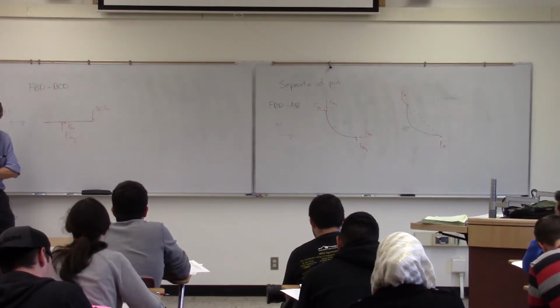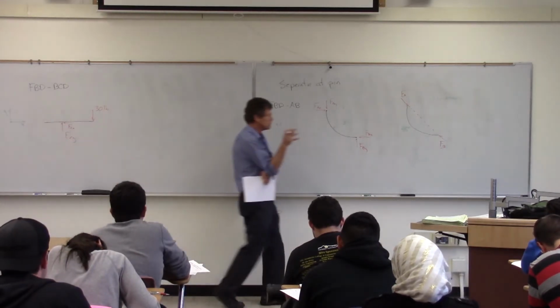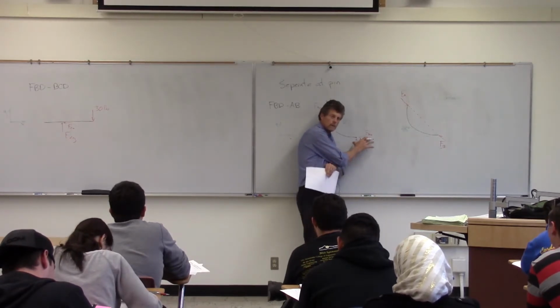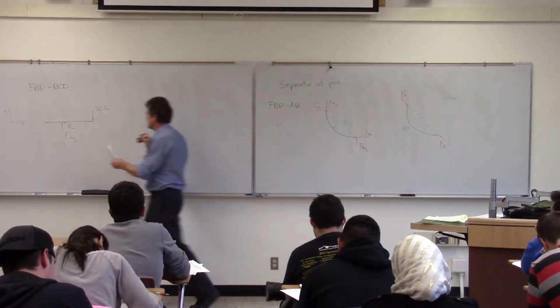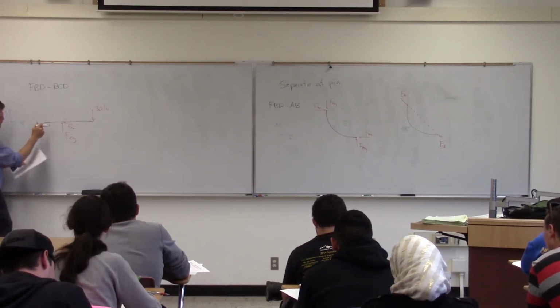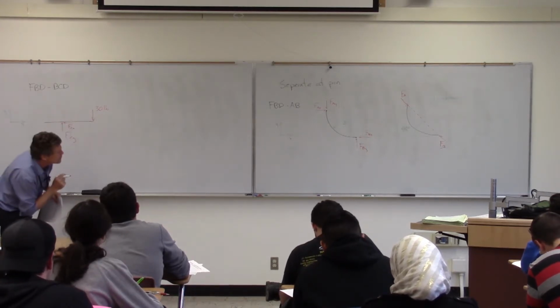Now the tricky thing to be careful of here is that we've got to pay attention to Newton's third law. I've drawn an FBX and an FBY here. So when I go over to here, this is FB, this is my pin here, but I'm going to need to put those in the opposite sense. So which way do I have those going?